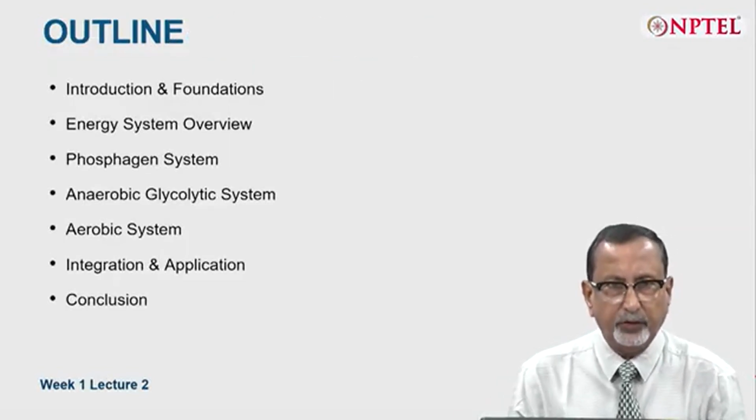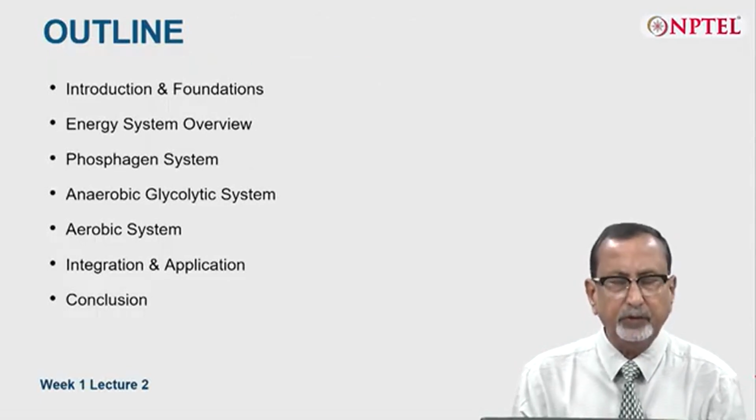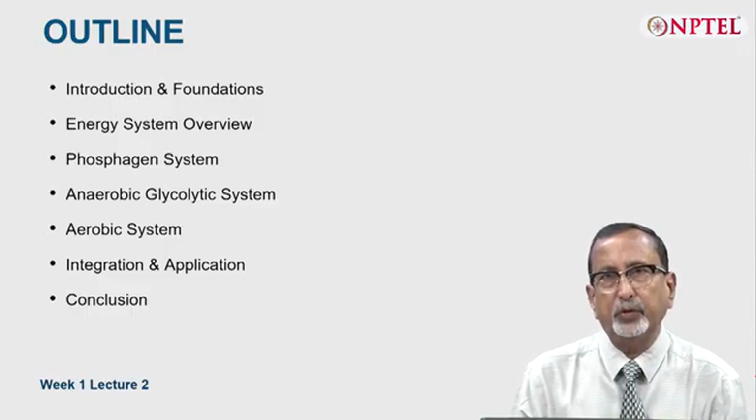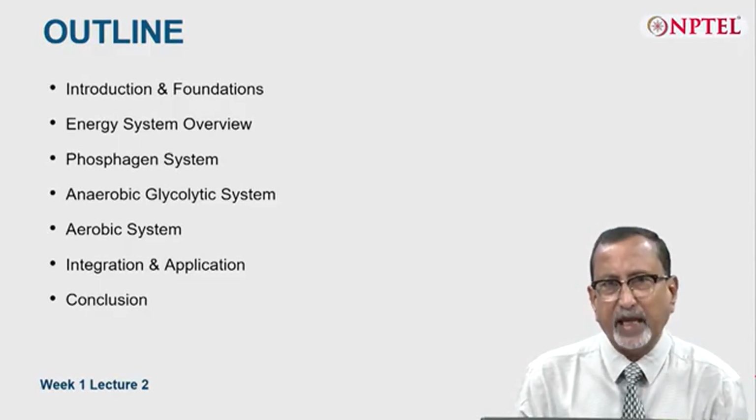First we will talk about the energy system overview. First will come the phosphagen system, which is the ATP creatine phosphate system. Then we will come to the anaerobic glycolytic system, where glycogen is broken down to glucose, a breakdown process known as lysis.